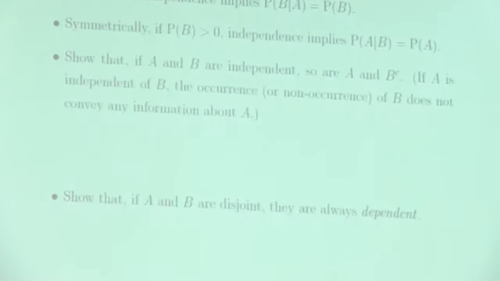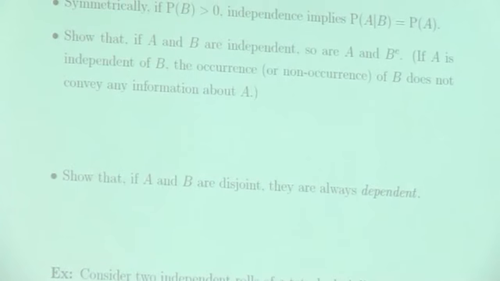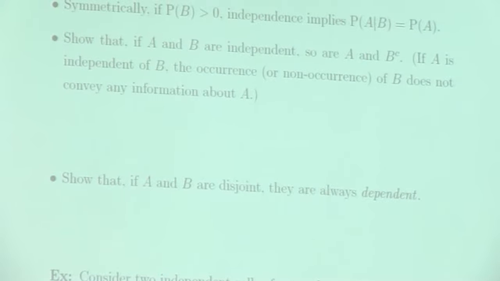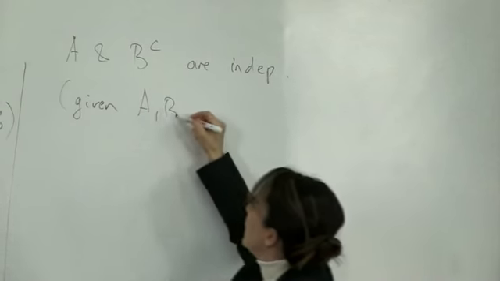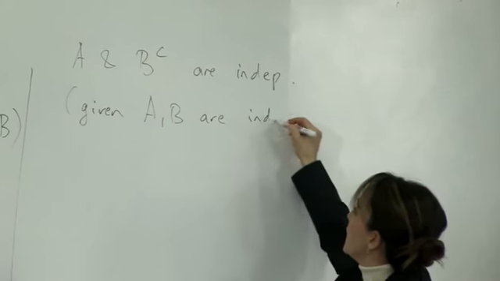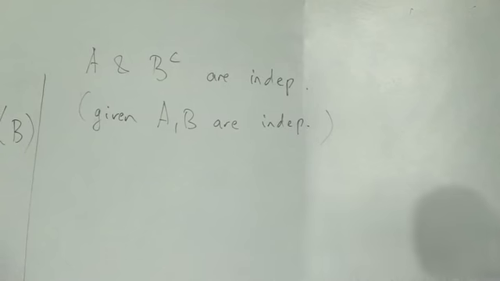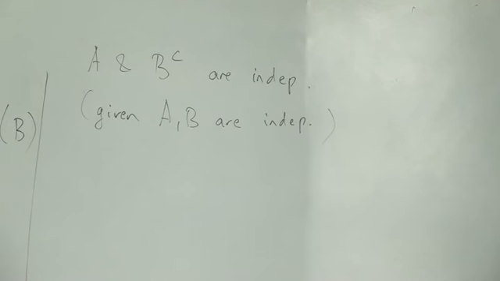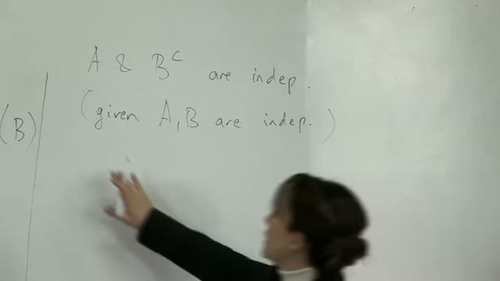Well, you're asked to show that A and B complement are independent. We're given that A and B are independent. Let's write this properly.